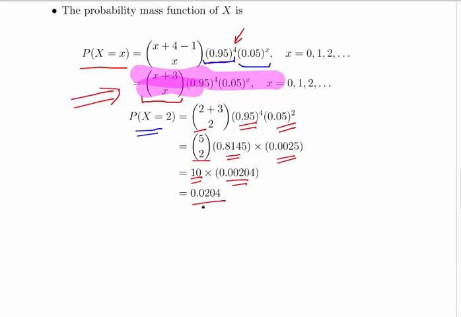Multiply it all out, and we get an answer close to 0.0204. So that is the probability that x is equal to 2.